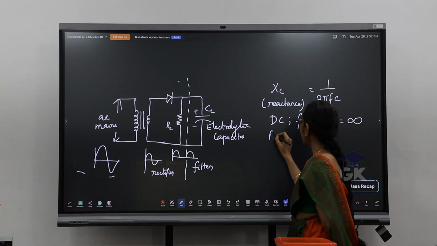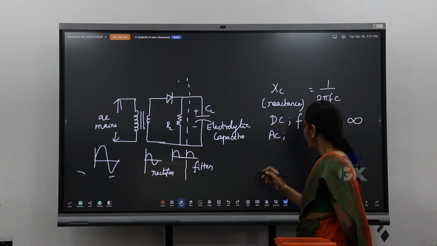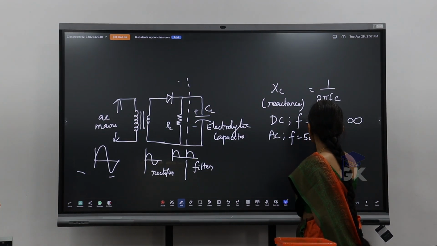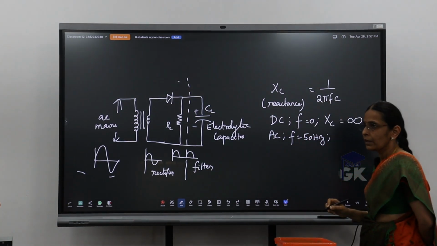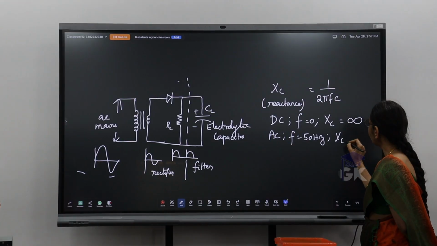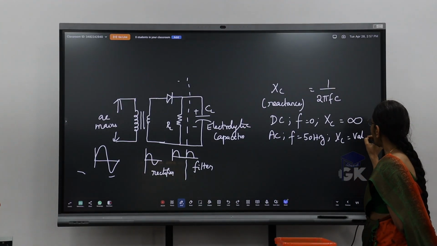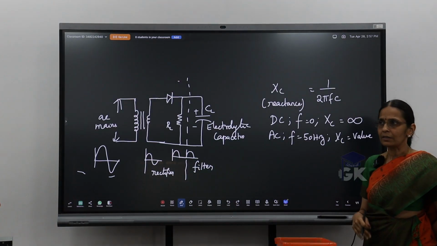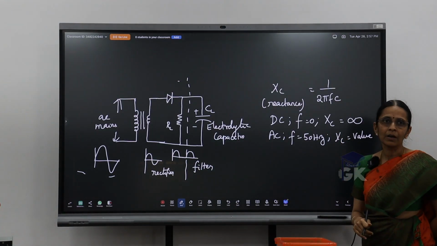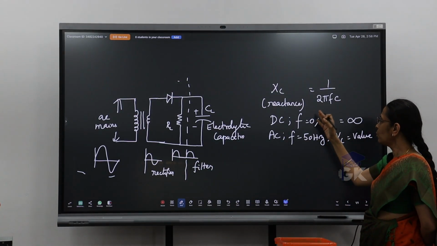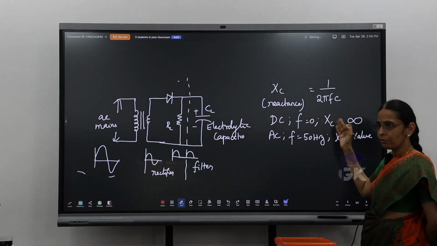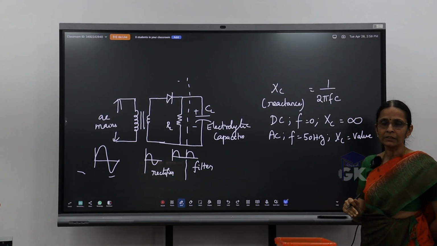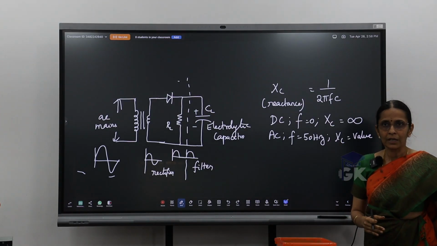Whereas if I consider my AC signal, it has got a frequency. What's the frequency? It is 50 hertz. So if I substitute, I will end up in some value depending upon the value of my capacitor. Say my capacitor is some 100 microfarad. 2 into pi into 50 into 100 microfarad, 1 by that, I will be having some appreciable value for my reactance.